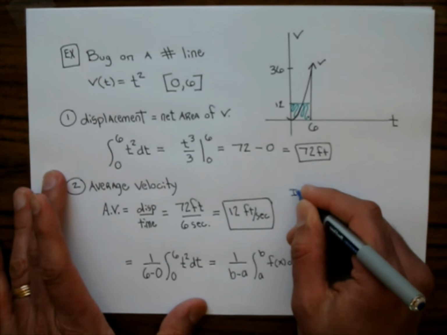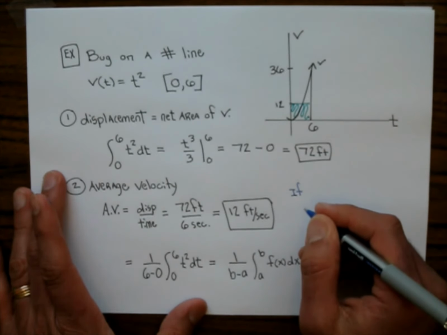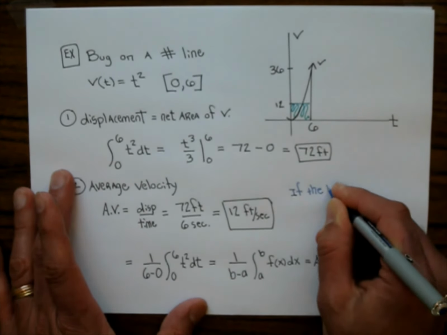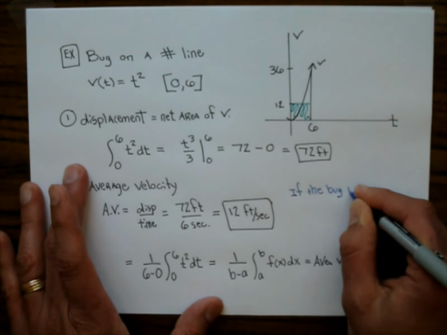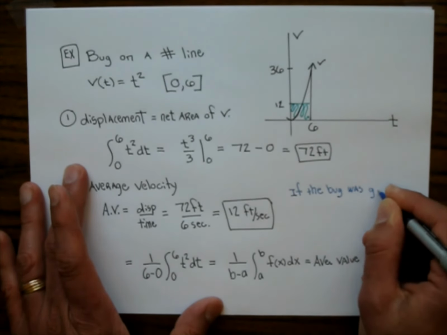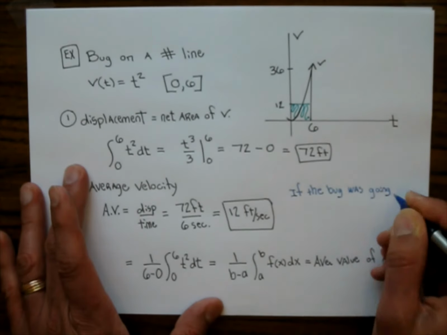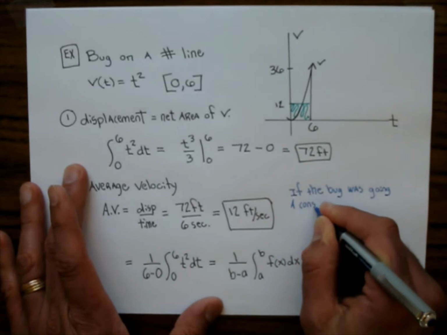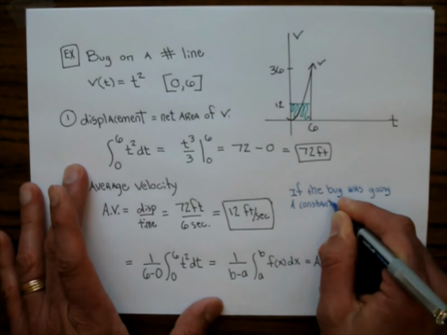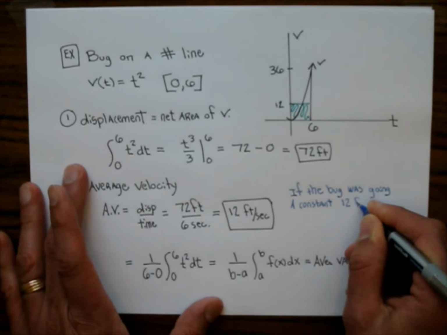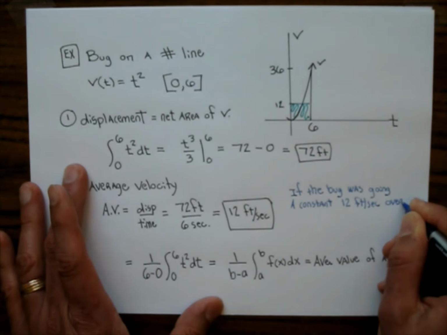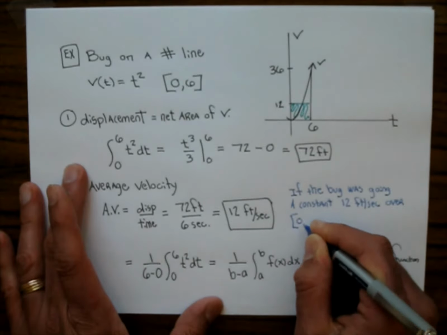So basically this means this, and I'm going to actually write this out. If the bug was going at a constant 12 feet per second over the time interval 0 to 6.